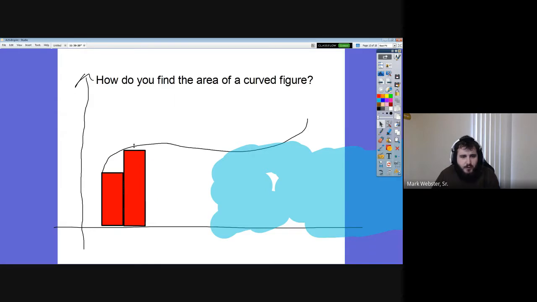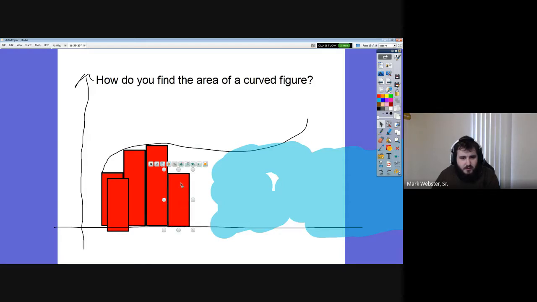And this one comes up to here, right? I can make a bunch of these rectangles and get an approximation of what this area should be, right?